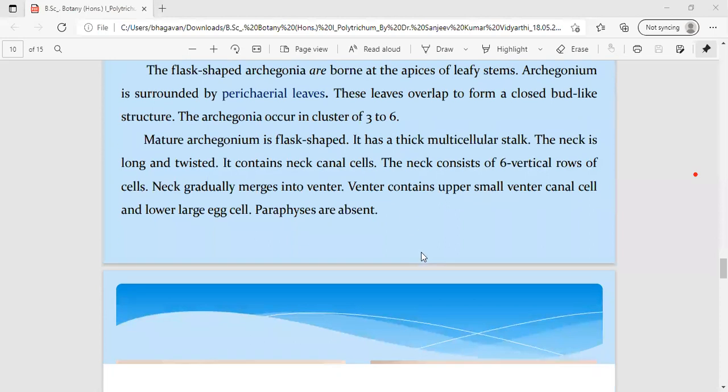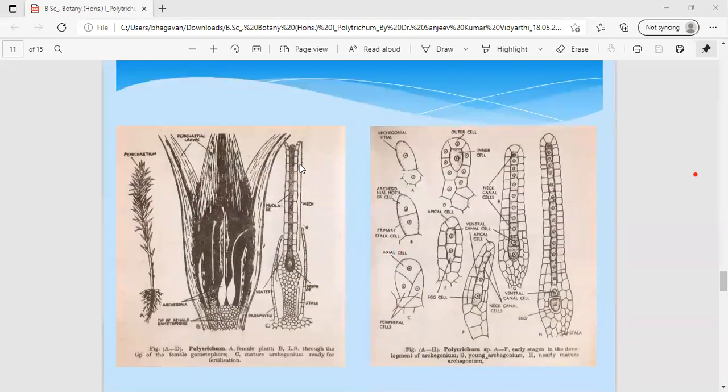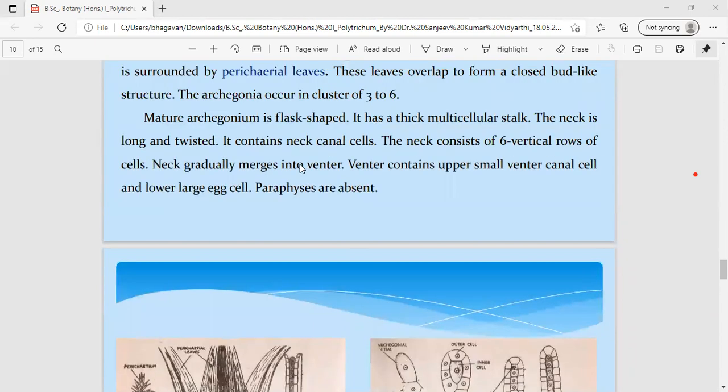Inside the archegonia there is a peculiar character of the archegonial structure here in Polytrichum. It has a globose venter, in which the ventral canal cell and the female gamete, the egg cell, are provided, and above the venter we can see a long neck with the neck canal cells.